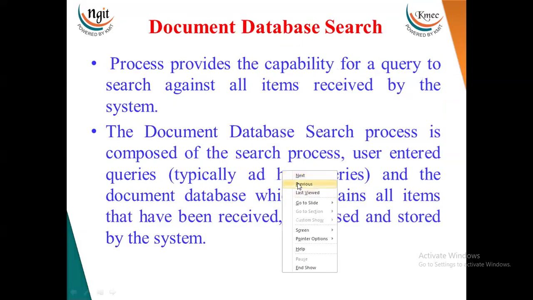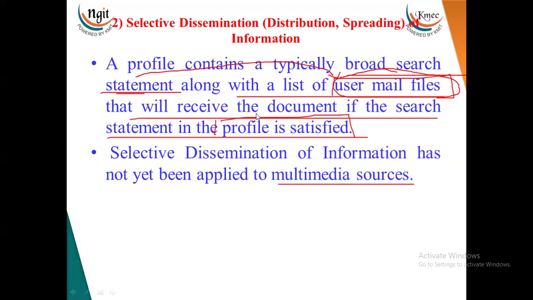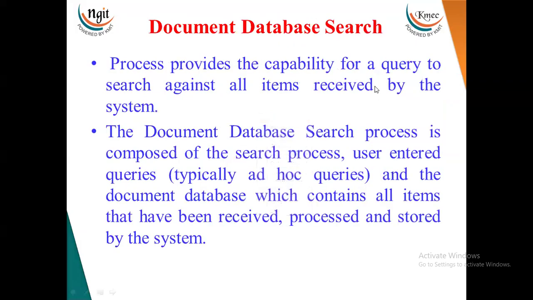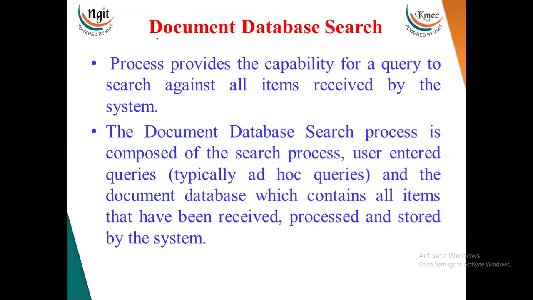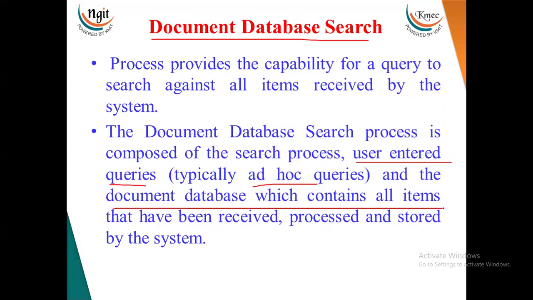Next, so this is related to selective dissemination, distribution, and information spreading. Next is types of search. These are the different types of search options we have. First is document database search. It is composed of the search process and whatever queries the user enters, that is, ad hoc queries, and the document database contains all the items received, processed, and stored by the system.